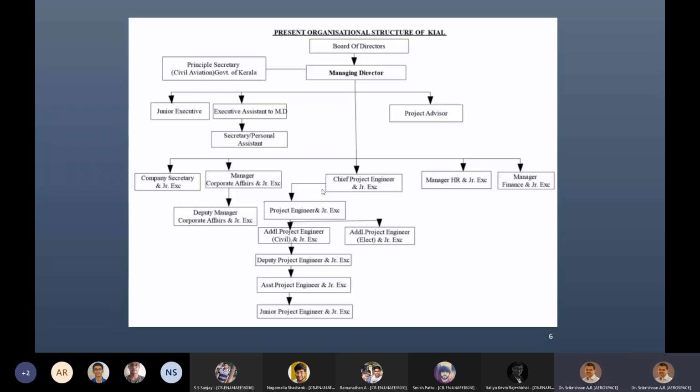Okay. Sanjay, you wanted to ask something. Yes, sir. Sir, shall I share my screen? Before that, one second. That slide was visible till the end, right? Yes, sir. We can see the present organizational structure of KIAL. Okay, fine.